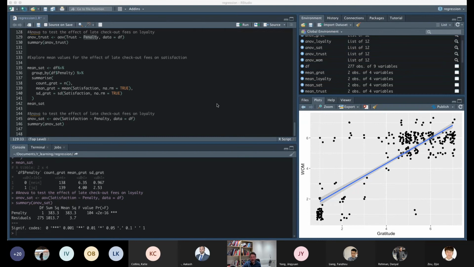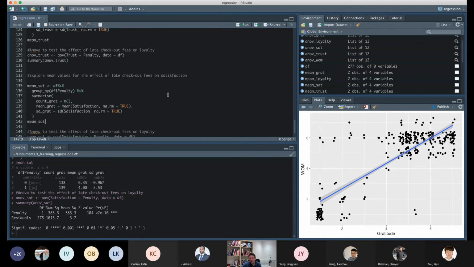But actually you can use penalty. You can use categorical variables also in a regression analysis if they are dummy coded, so if they have only two categories. I think I explained that before. Regression is a quite powerful analysis.